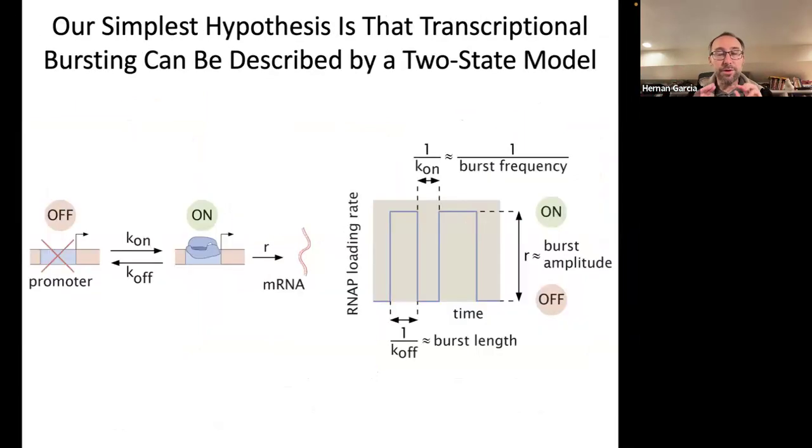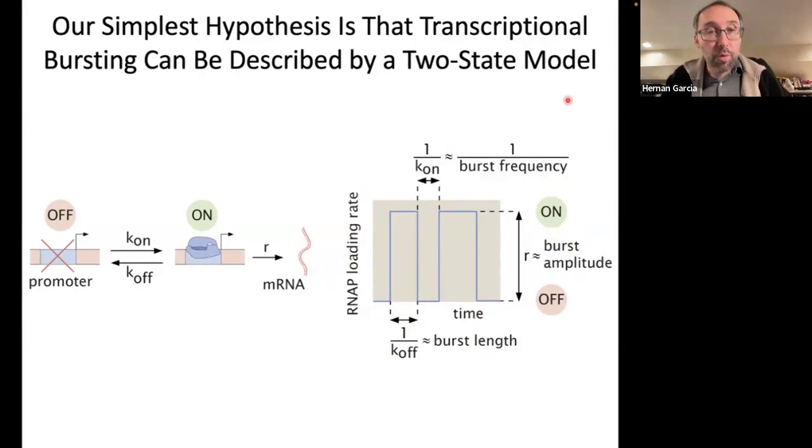Okay, and the simplest model that one can use to capture this bursting phenomenology is a so-called two-state model, where you posit that the promoter is transitioning between an on and an off state in a stochastic fashion, and only when in the on state it will transcribe. So in this context, if you look at the RNA polymerase loading rate as a function of time, you could define a burst frequency, a burst length, or burst duration, and a burst amplitude.